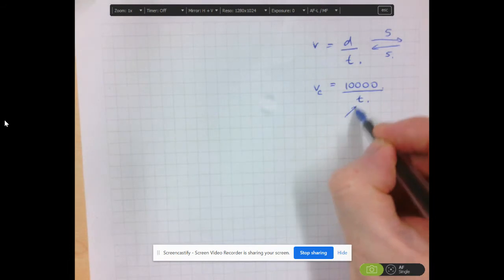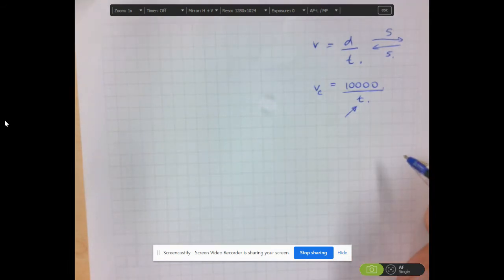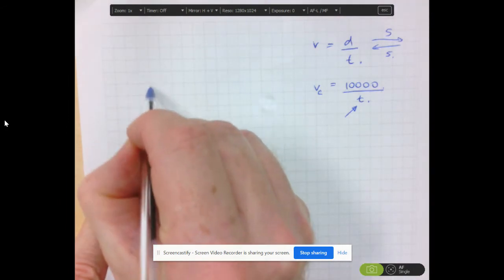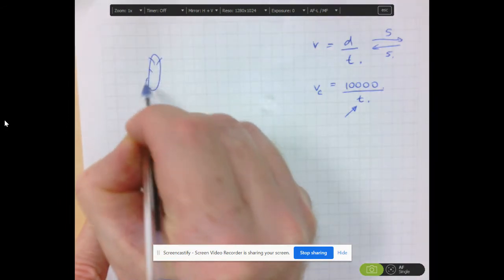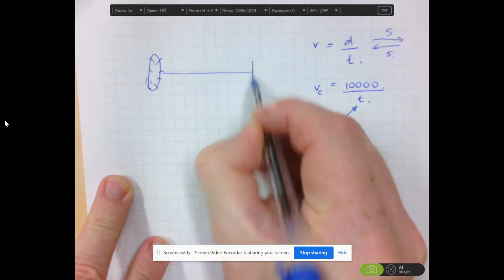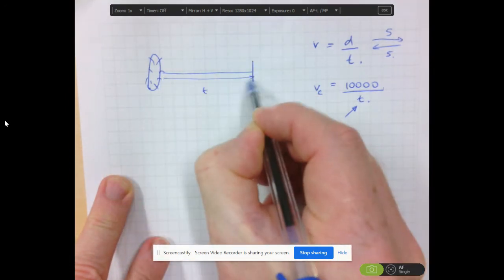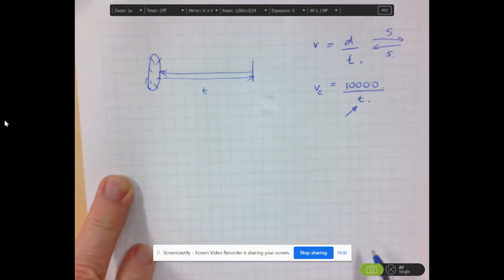So if we can calculate t, the time of flight from the cog over here, hitting the mirror and back, the time taken for this entire journey there and back, then we can calculate the speed of light.